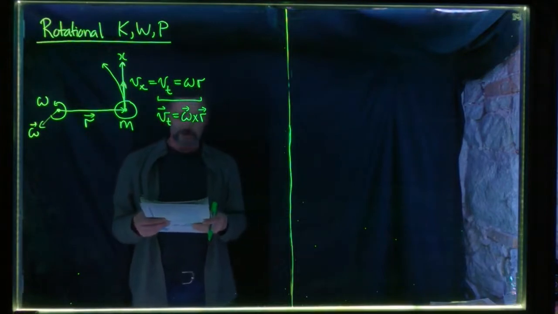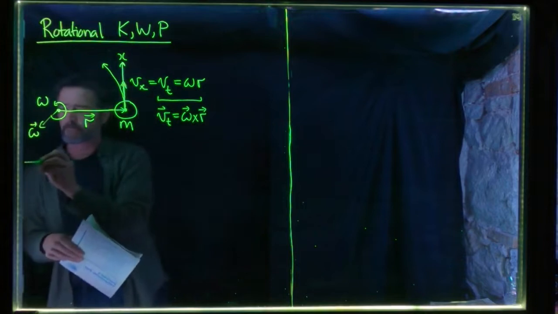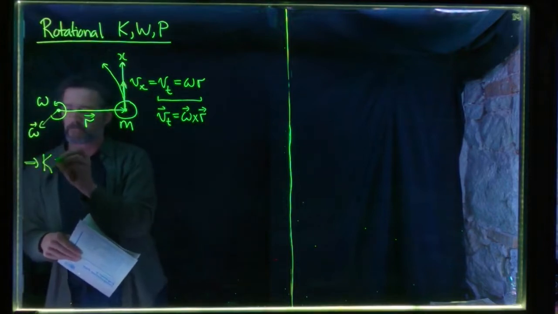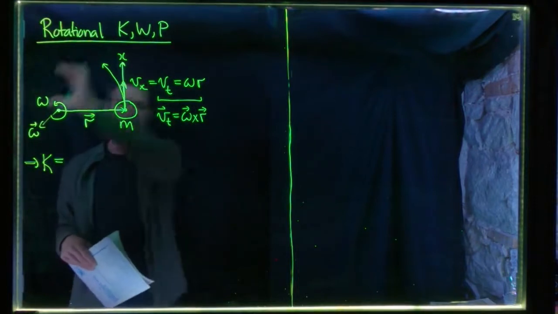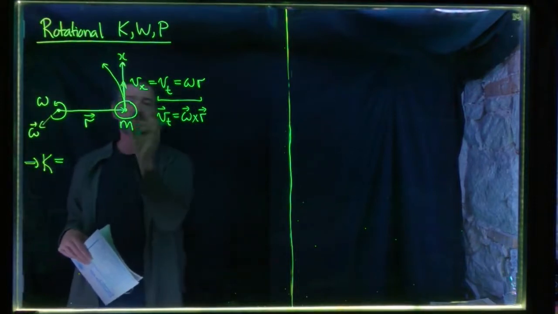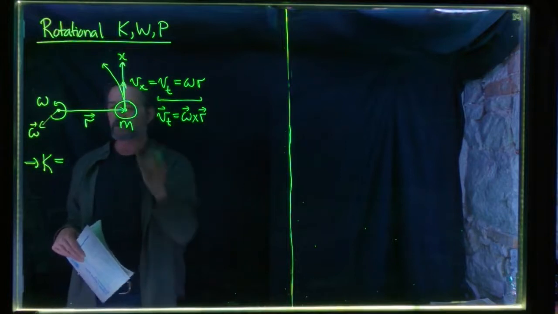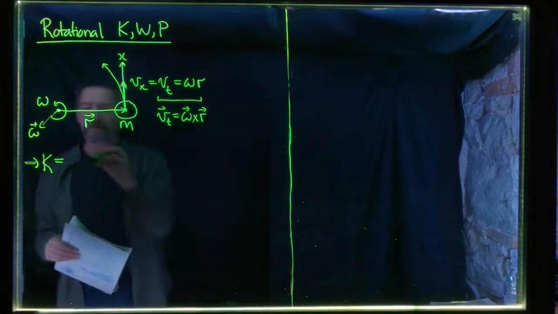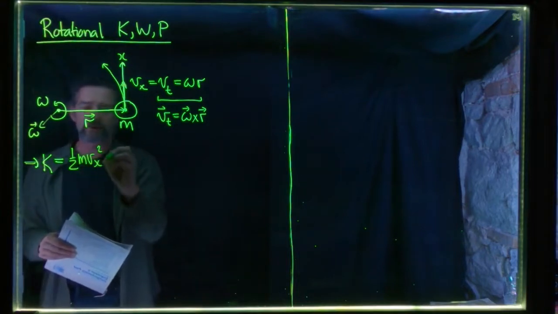And so this tells us that the kinetic energy of this mass in motion, like this, is just the same as the kinetic energy of a mass moving with a linear velocity Vx at this instant of time. So that's just 1/2 m Vx squared.